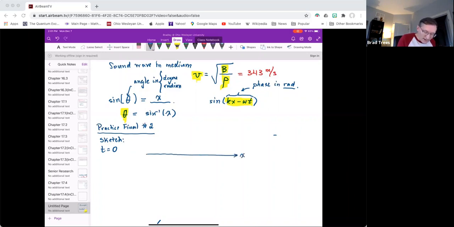So I have a horizontal x-axis, and perpendicular to that, I have a y-axis, and the string is being displaced along y direction. It's a transverse sinusoidal wave. And now let me try to sketch this wave at this time 0.